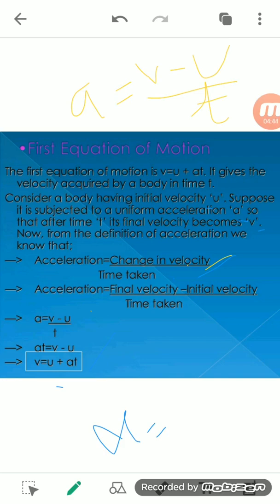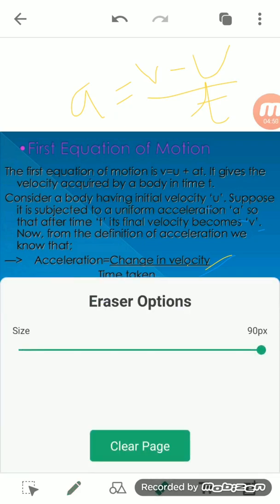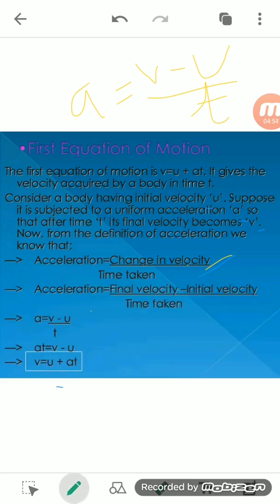Or we can write it as at equals v minus u, and again by rearranging it we find that v equals u plus at.